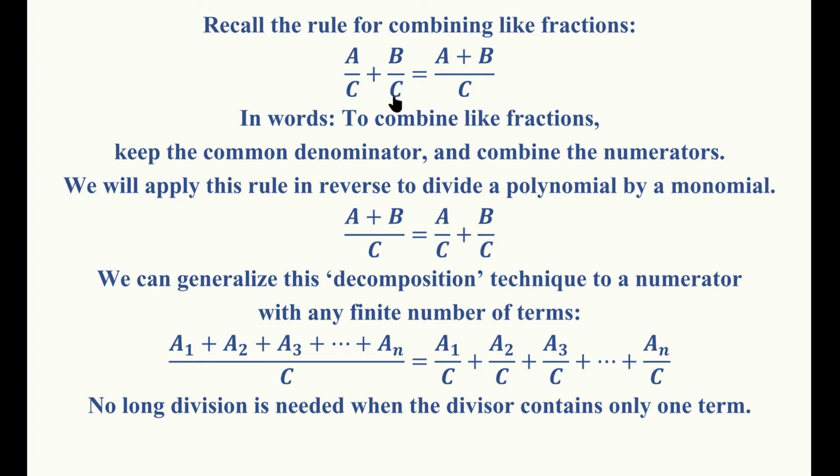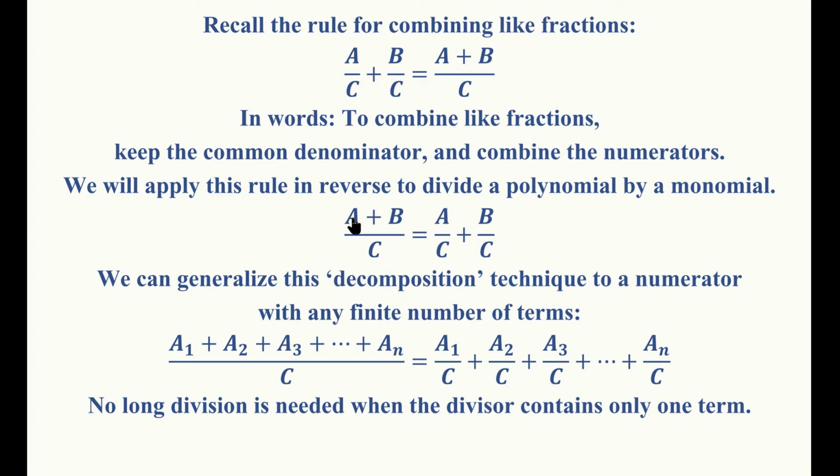That's basically what makes these fractions alike, the fact that they have the same denominator, and we combine the numerators. So if we take this rule and go backwards, meaning look at it from right to left, if you write this side first and then set it equal to that side, this is precisely the procedure that we're going to use for dividing a polynomial by a monomial.